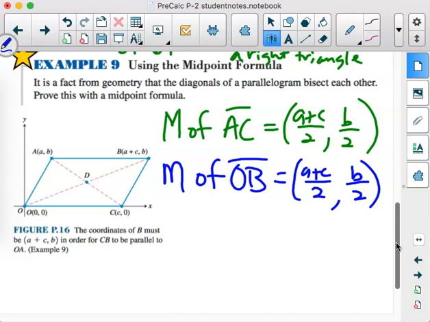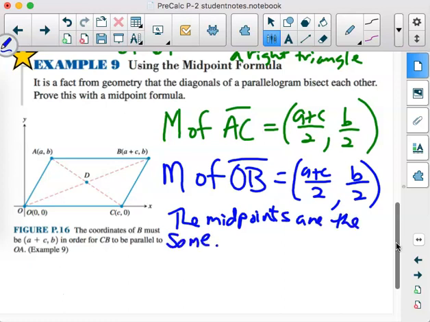Well, that makes sense. Because if they bisect each other, they will have the same midpoints. It says prove this with the midpoint formula. So I have to write down what I was just thinking. So the midpoints are the same. Therefore, the diagonals bisect each other.